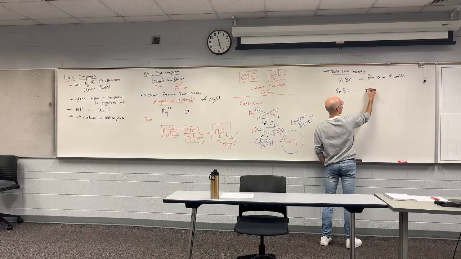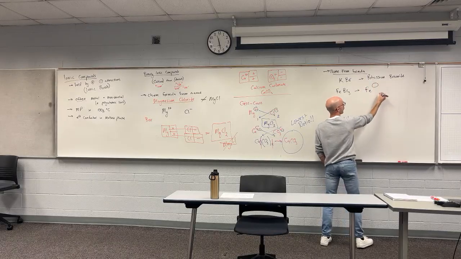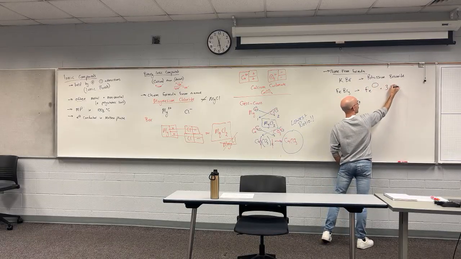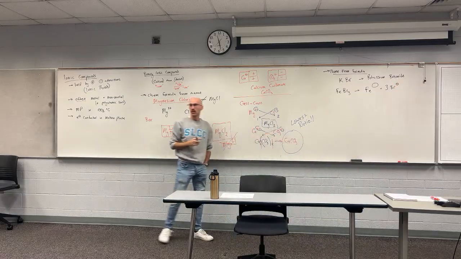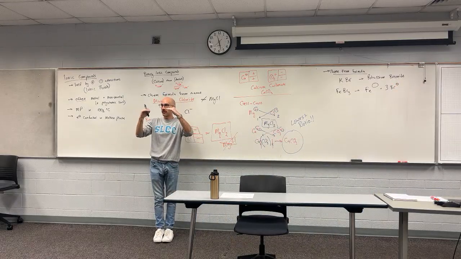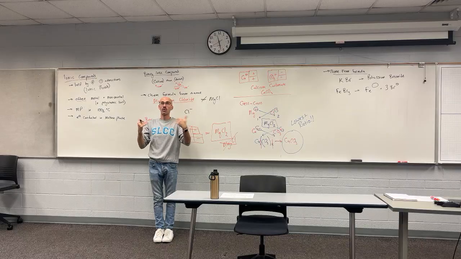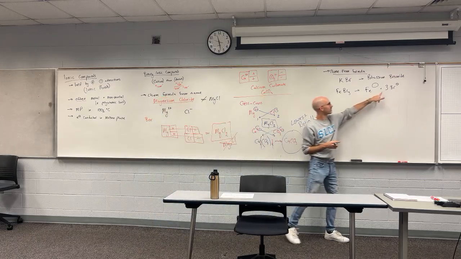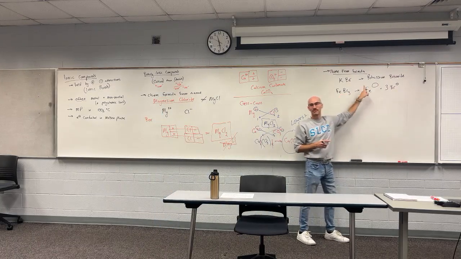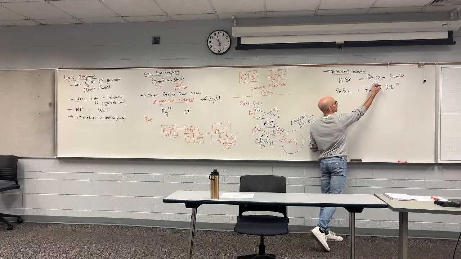I have 1 iron ion, I don't know its charge, and I have 3 bromide ions that are each -1. You can figure out by the box method what charge iron has to be. What balances 3 minus? 3 plus.